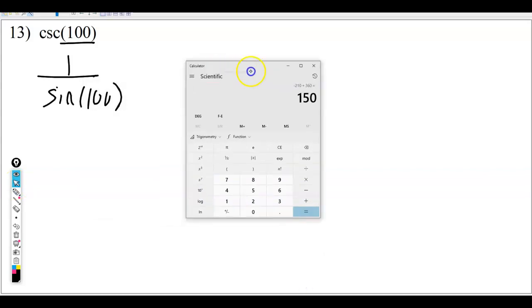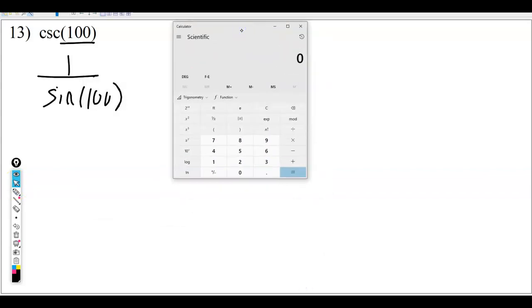On the calculator, push 1 divided by parentheses, 100, sine button, close parentheses, equals. And I'm getting 1.015.